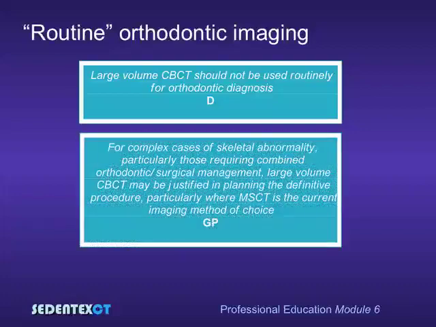The guideline did add that for complex cases of skeletal abnormality, particularly those requiring combined orthodontic surgical management, large volume cone beam CT may be justified in planning the definitive procedure, particularly where conventional medical CT was the current imaging method of choice.